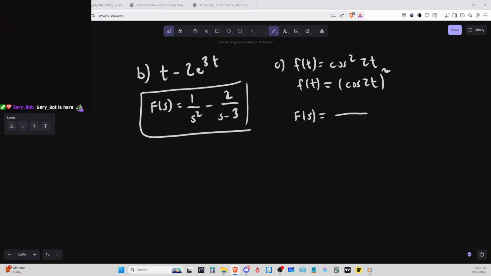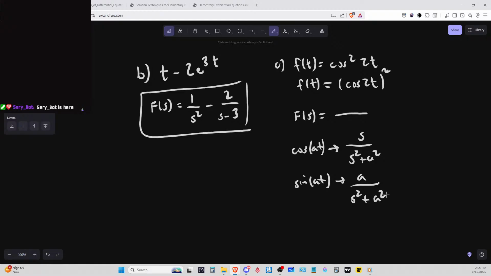What does the table show? For cosine it's s on top. So what do we have? We have to remember that for cosine of at, I should put, actually, that makes it more specific to our purposes. Cosine is s over s squared plus a squared, and for sine it is a over s squared plus a squared.